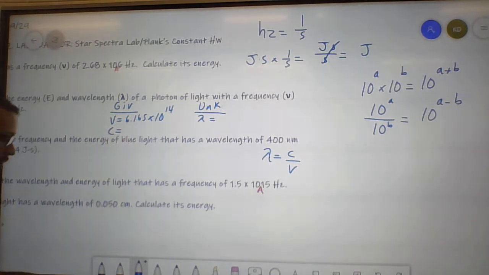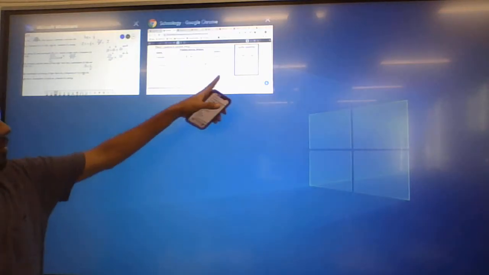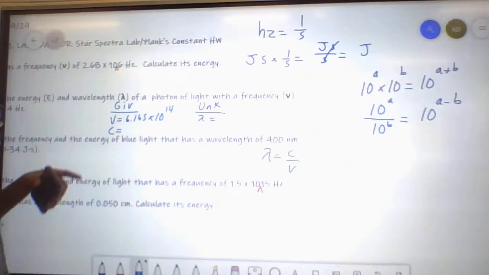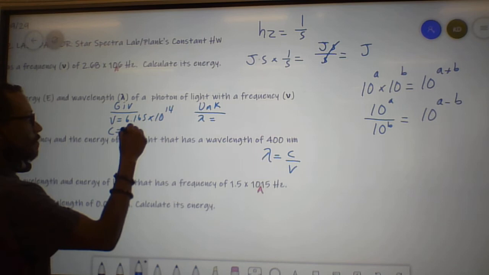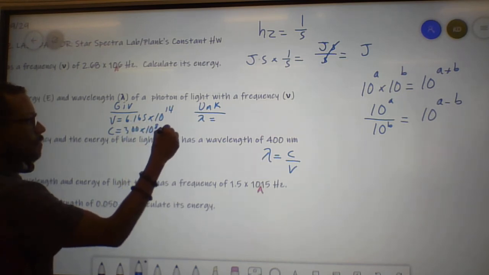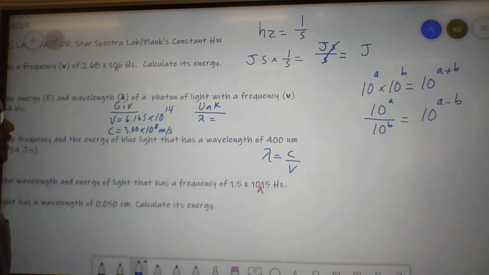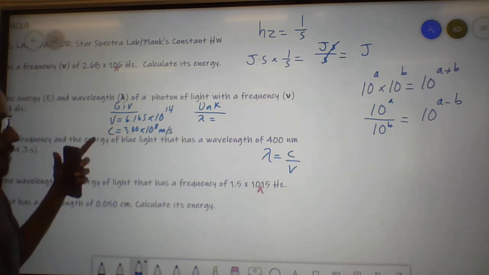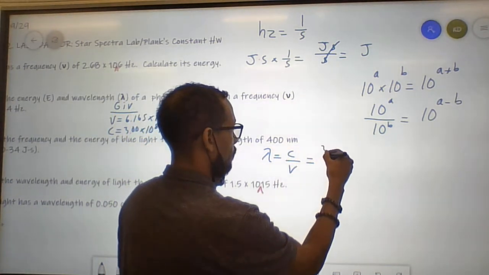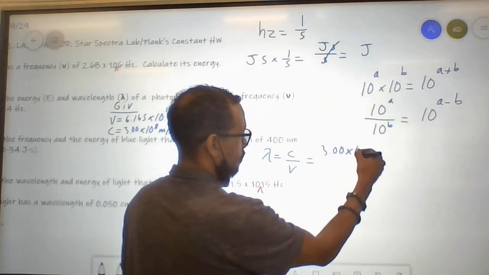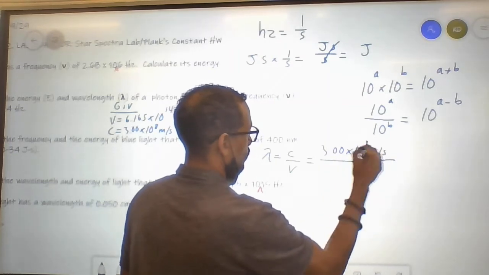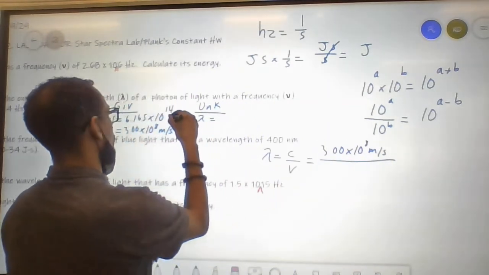So the speed of light is over on the side, 3.0 times 10 to the 8th meters per second. All right, and now I have my variables. Now I'll just plug into my equation. So I have C, and we also have frequency, hertz.